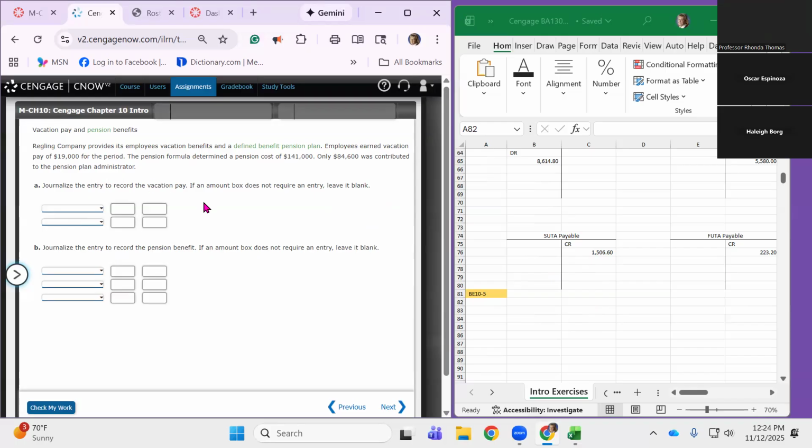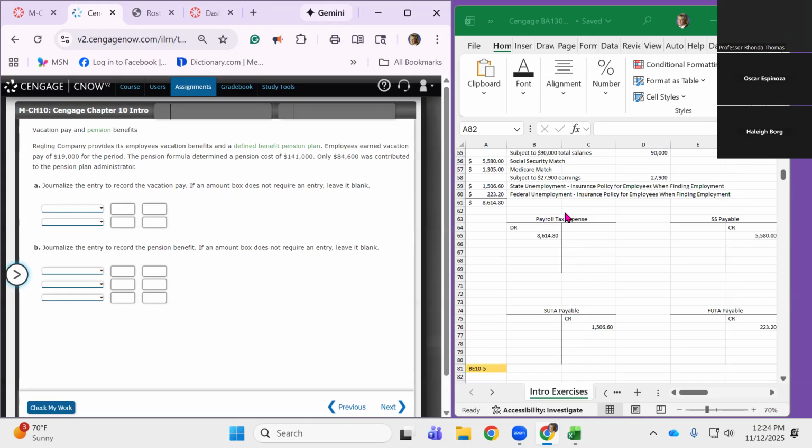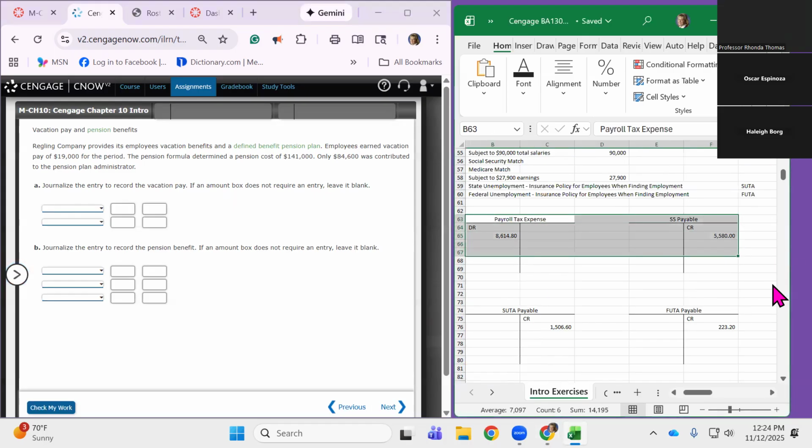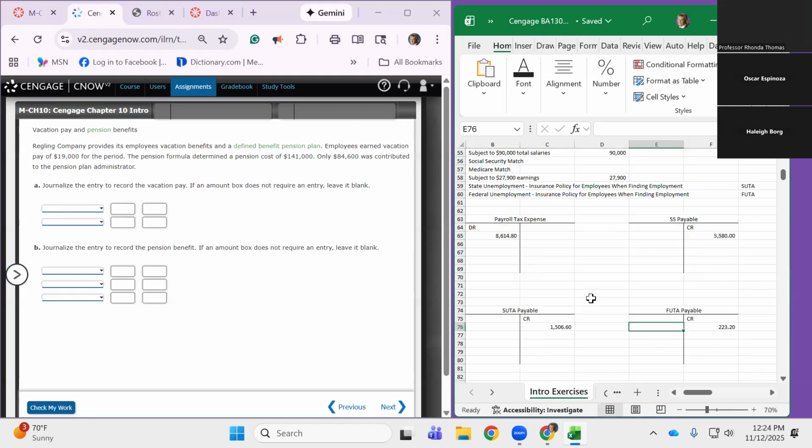Usually a pension plan is held by another financial service so that those stay separate. Journalize the entry to record the vacation pay. We need a couple of T accounts here to learn a couple of new accounts.